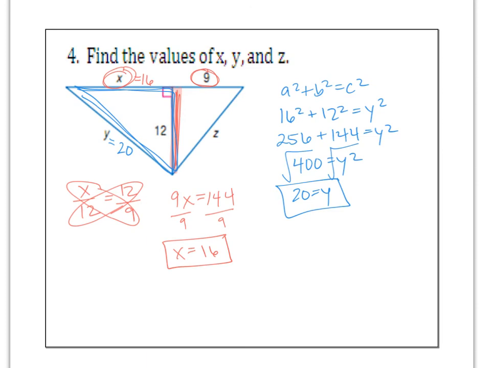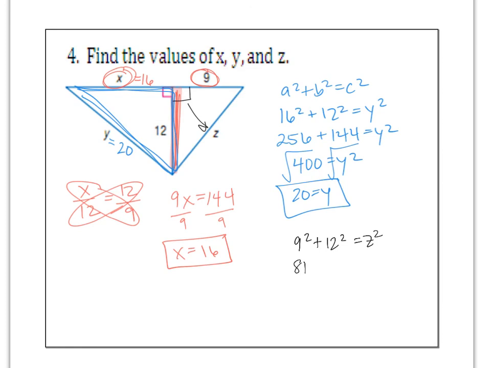All right, pause the video and see if you can find z. You should do Pythagorean theorem one more time. 9 squared plus 12 squared equals z squared. And again, this would be your 90-degree angle, so your z has to be your c.